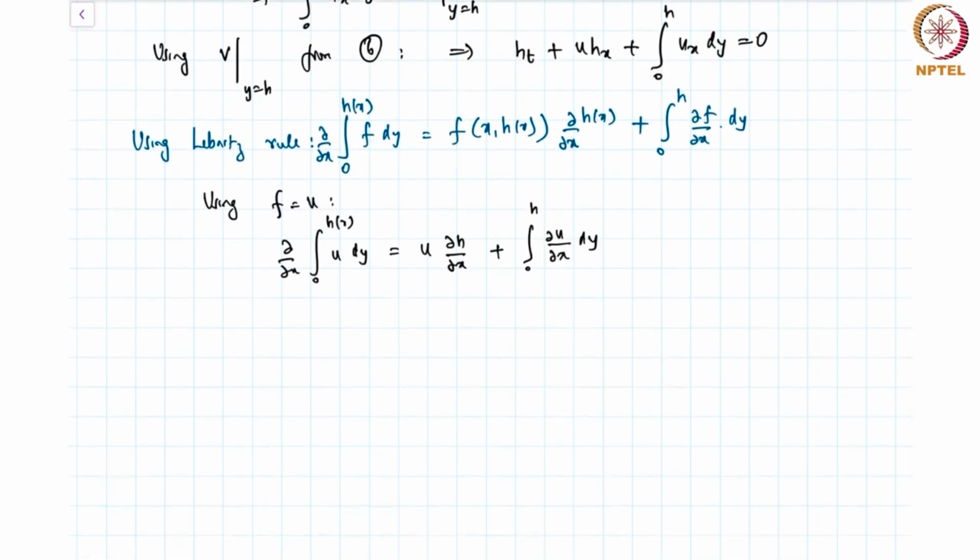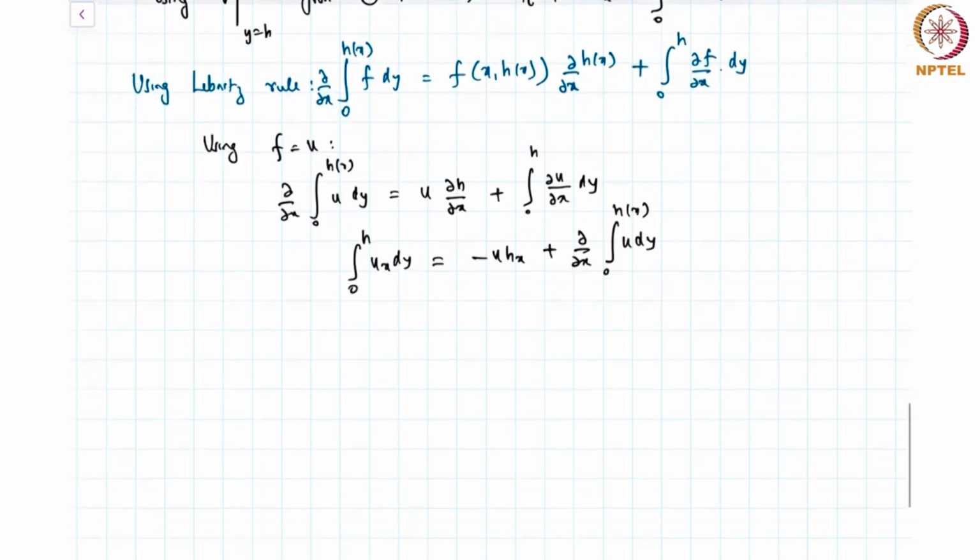Therefore the integral from 0 to h of ux dy on the right hand side will simply be minus uhx plus del by del x of the integral of u dy going from 0 to h of x, correct?